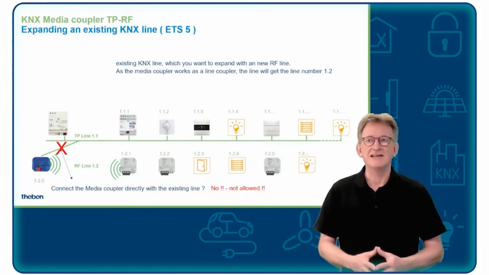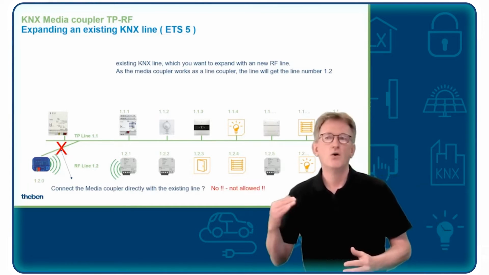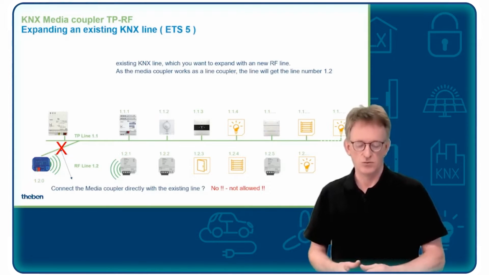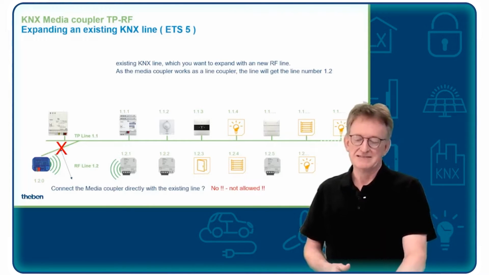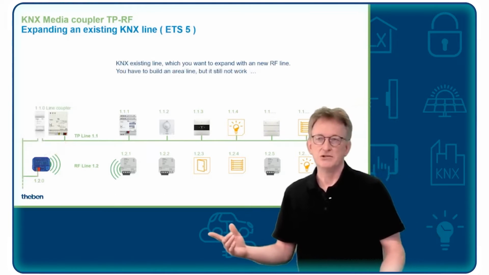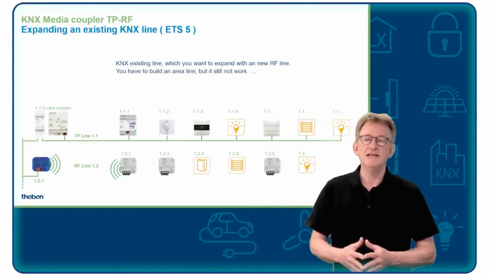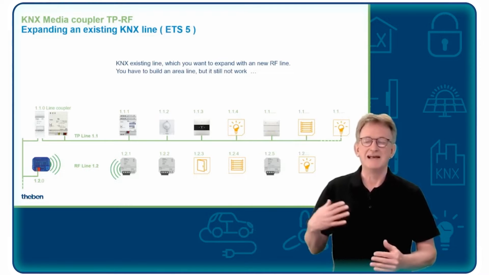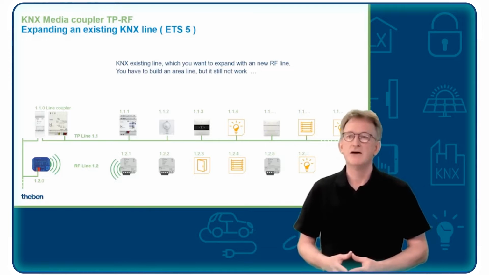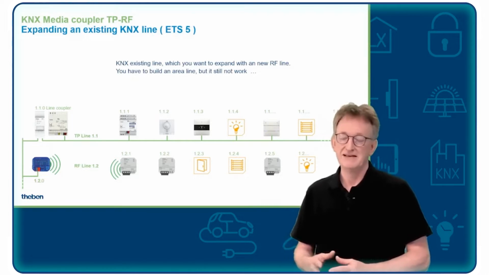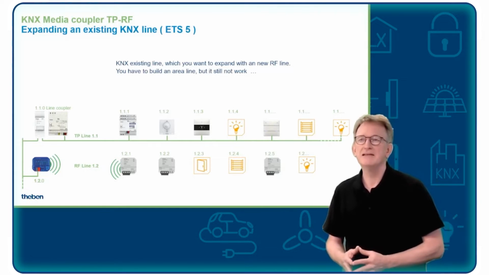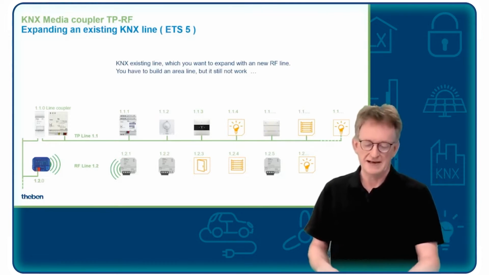It's not allowed to connect a line 1.2 under a line 1.1. So what other options do you have? Definitely you need a line on top of it, a main line. So you need the line 1.0 in this case, and you have to connect the existing TP line to that line via a line coupler.